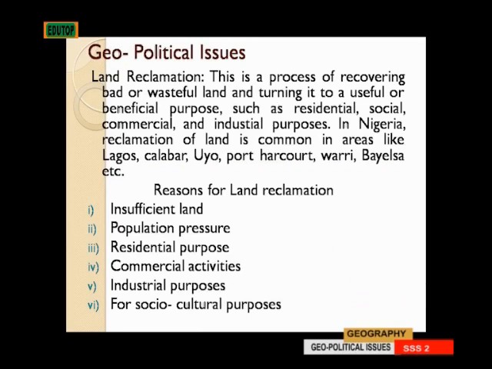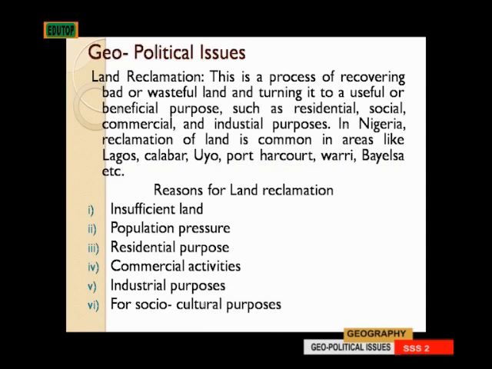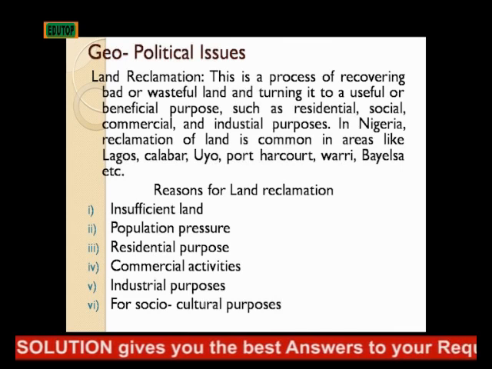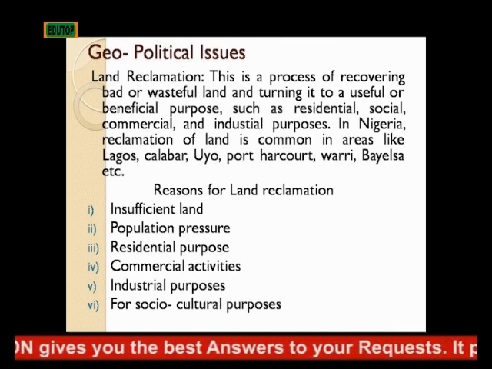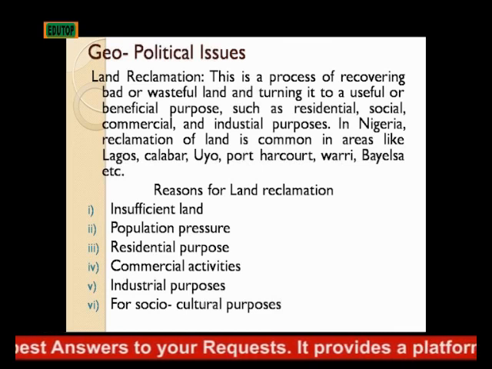So let's consider some geopolitical issues. This has to do with land reclamation. Land reclamation here is a process of recovering bad or wasteful land and turning it into a useful or beneficial purpose, such as residential, social, commercial, and industrial purposes.